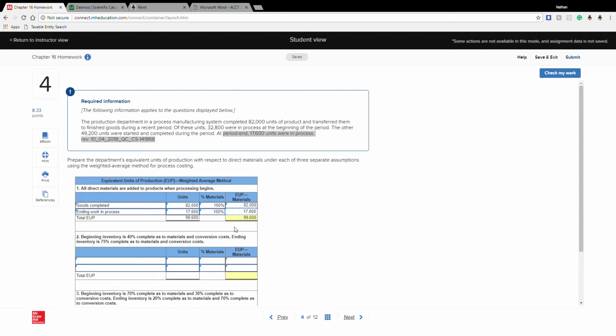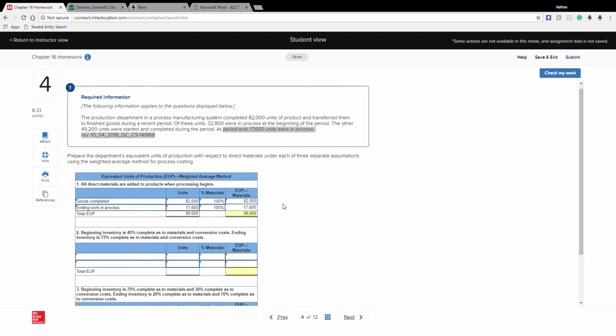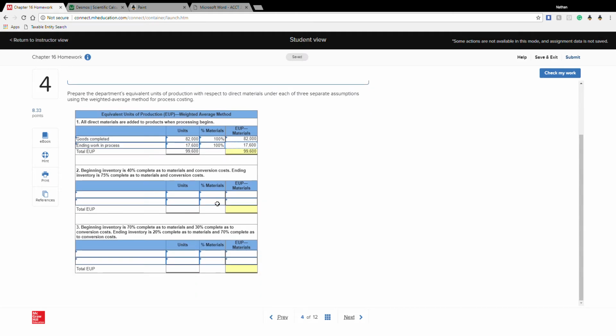Alright, nothing changed. All fine and dandy. Scenario 2, again, it's going to be the same. Goods completed, ending work in process, units are still the same, because all these are different scenarios. So let's go ahead and fill it down here too.